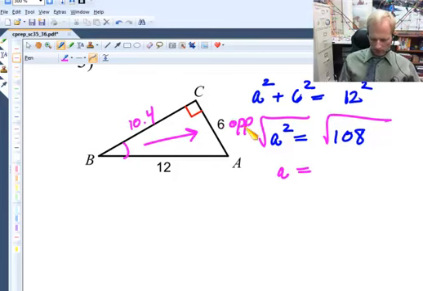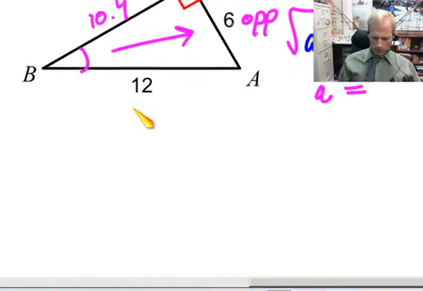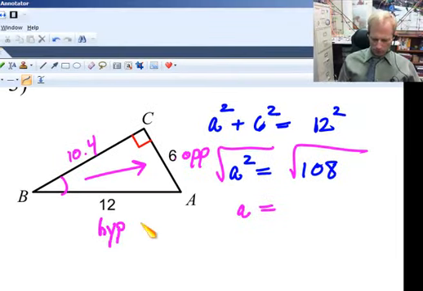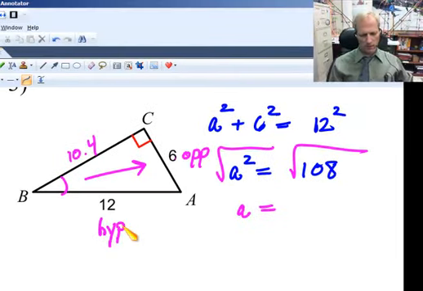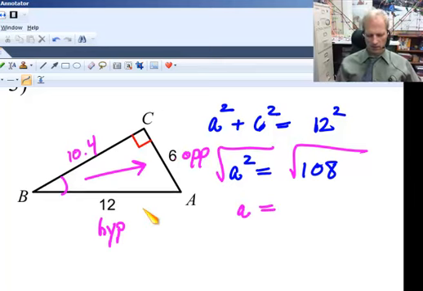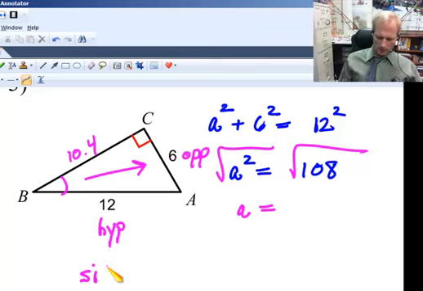This is directly across from that angle. And the side that's 12 is the hypotenuse. So the O and H in opposite and hypotenuse mean sine, because that's the SOH in SOHCAHTOA. So my equation then is sine of angle B is equal to 6 over 12.